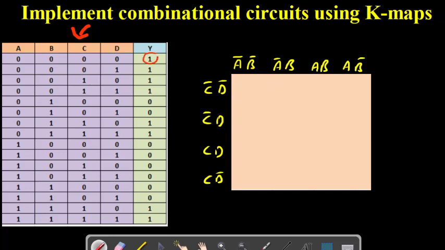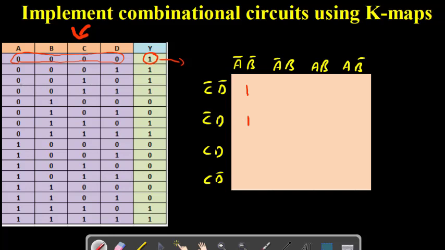This is the first entry. These are the inputs A, B, C, D, all 0. For SOP we write this as A bar, B bar, C bar, D bar, and the output is 1, so it comes here. The next is A bar, B bar, C bar, D, which is here, and this is 1.